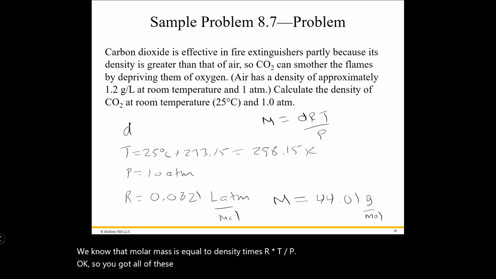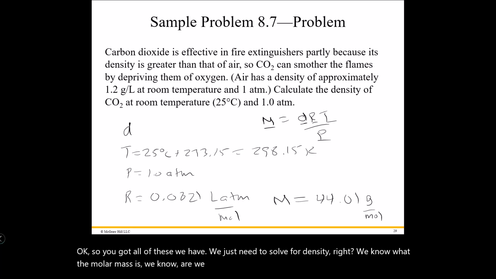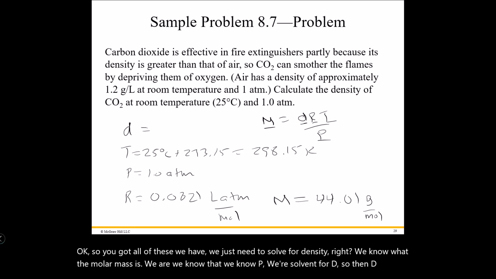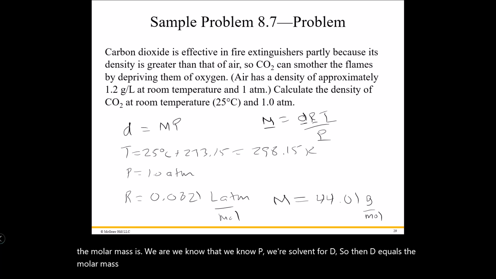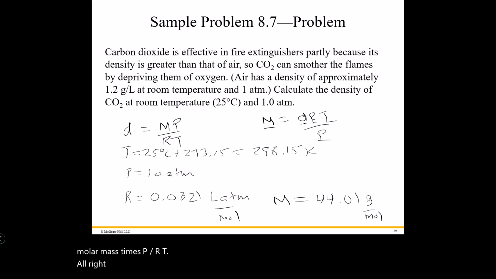We just need to solve for density, right? We know the molar mass, we know R, we know T, we know P. We're solving for D. So then D equals the molar mass times P divided by RT. All right, so that's how it works. That's how you solve these problems.